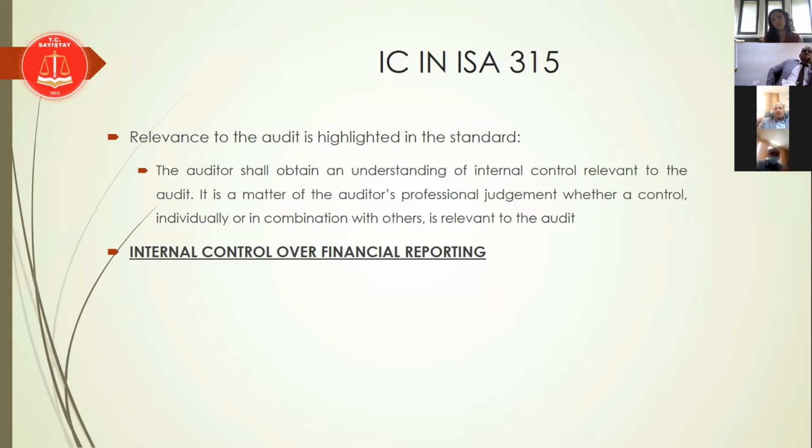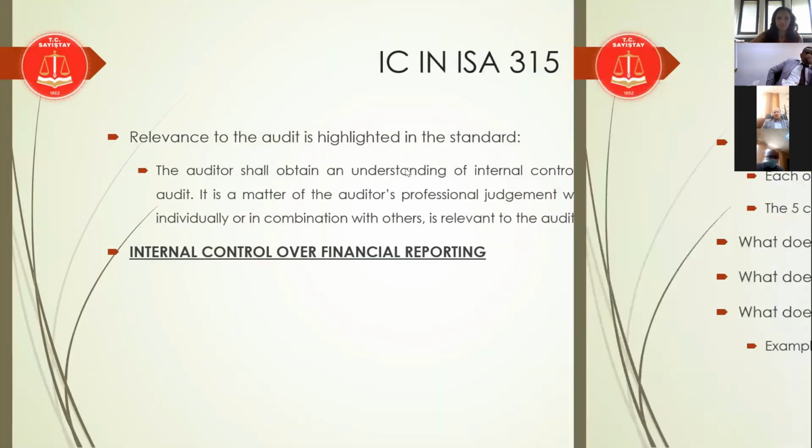But financial audit standards specifically focus on the financial reporting part, because the main aim of a financial audit is to find out if the financial statements have some acceptable assurance, you know, that they are free from material misstatements and errors.